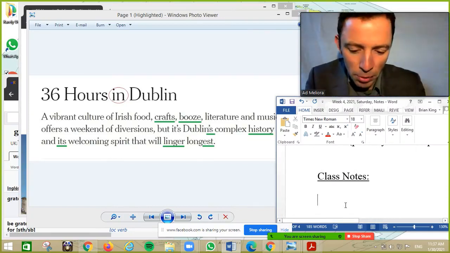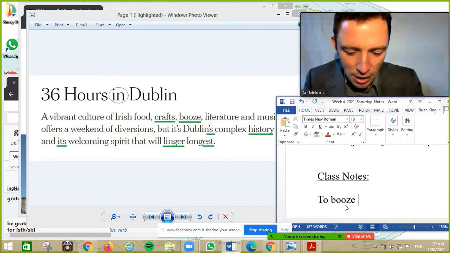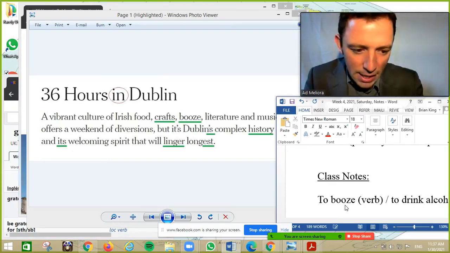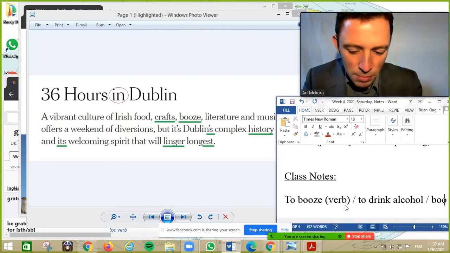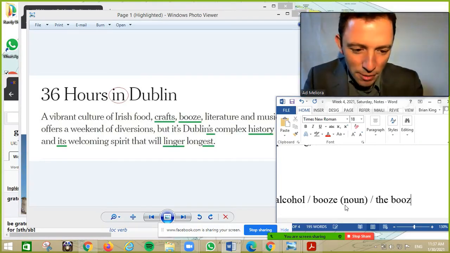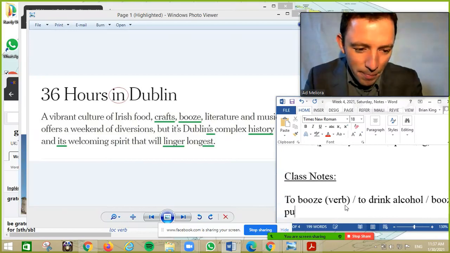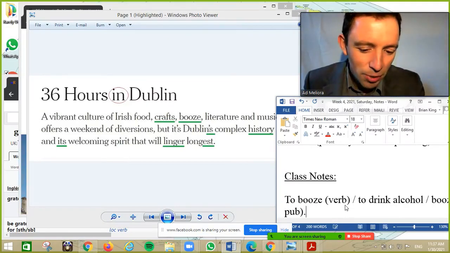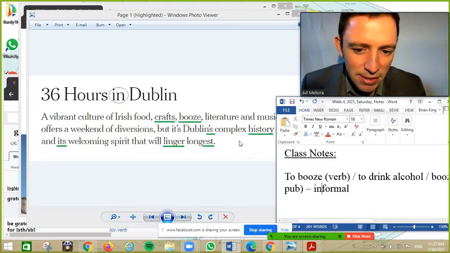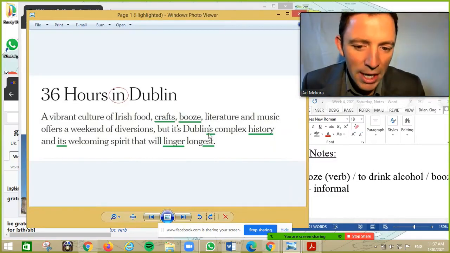So to booze is the verb, to drink alcohol, informal. And booze is the substantive, the noun, also informal. The boozer is the pub. Okay, so probably all informal, but very important for sure in conversation and in every moment, really, of English.